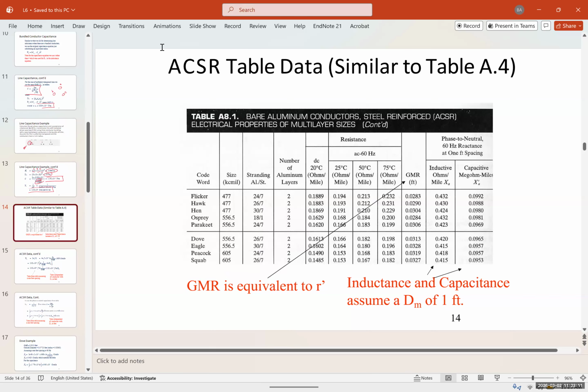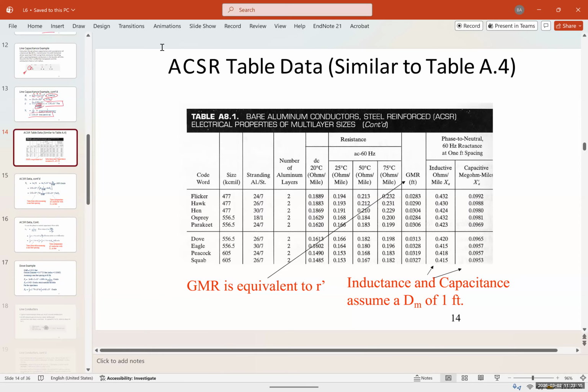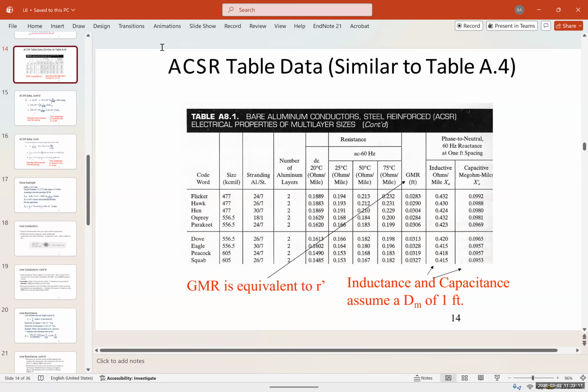It's called the ACSR table. And this table gives you the capacitance, the inductance, the resistance at different temperatures for different types of wires and code words that they have.